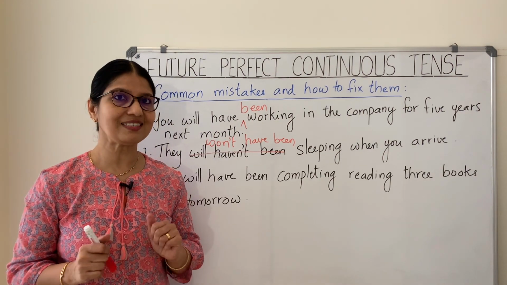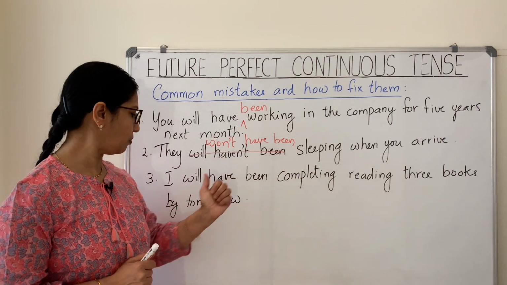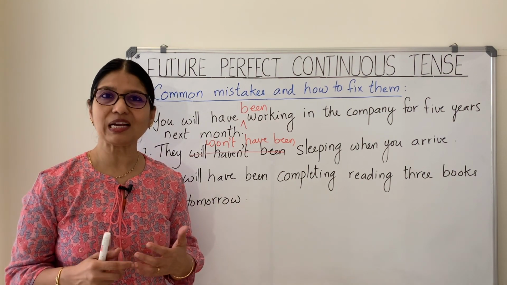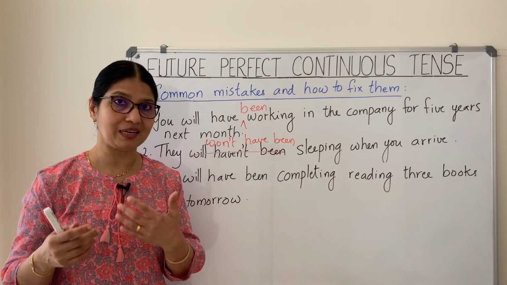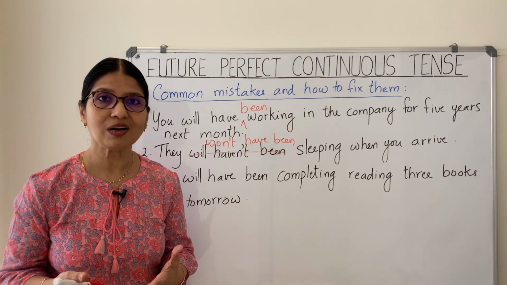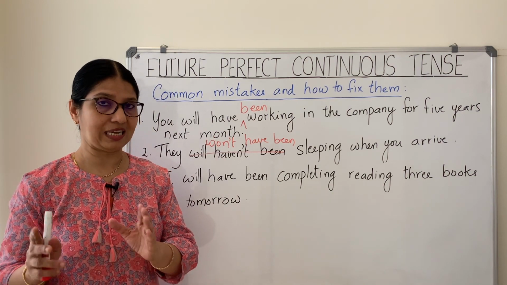Here is sentence number 3. I will have been completing reading 3 books by tomorrow. In this sentence, I am talking about an action that will be completed by a point in time in the future, by tomorrow. And what's more, I have mentioned the number of books that will be completed or that will be read.